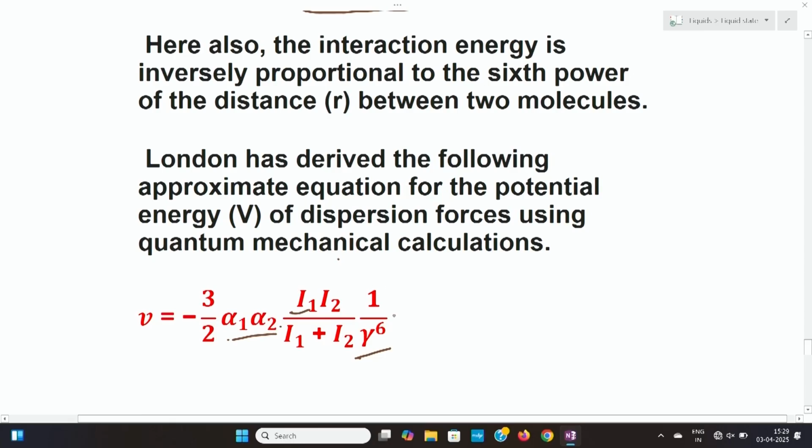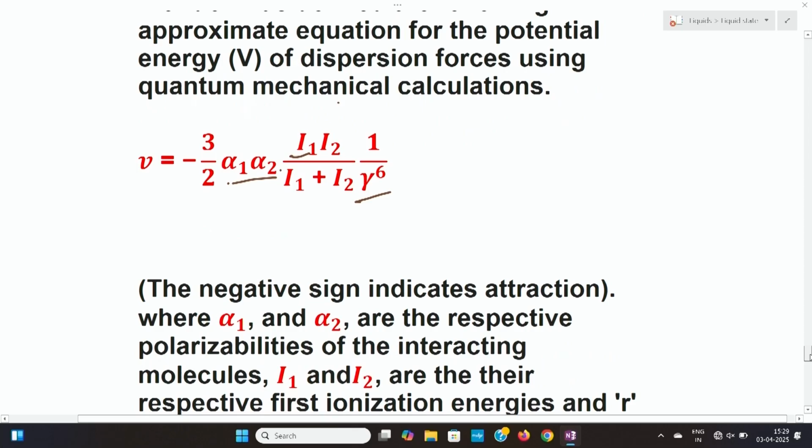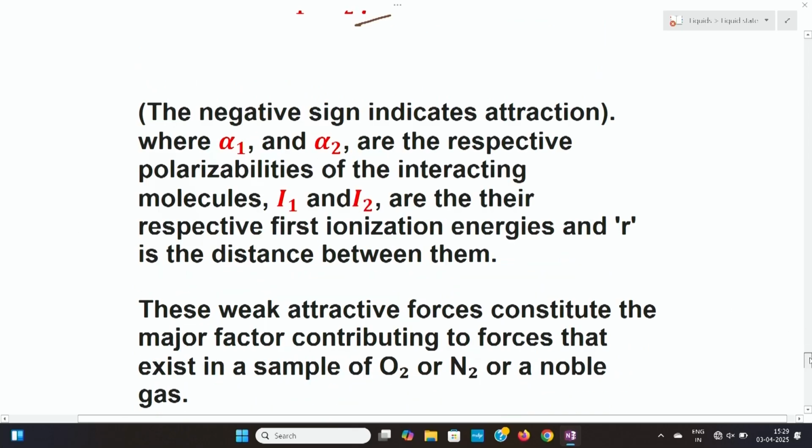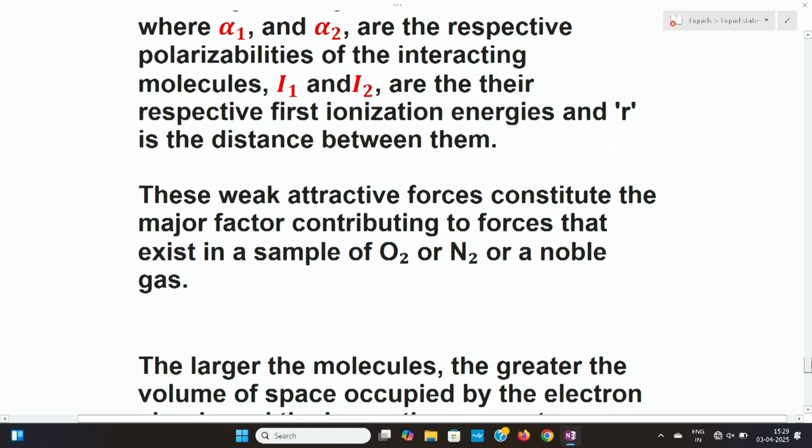From this equation, we can understand that these induced dipole forces depend upon the polarizability of the molecule and the ionization energy of the molecule. Here also the negative sign indicates attractive forces.